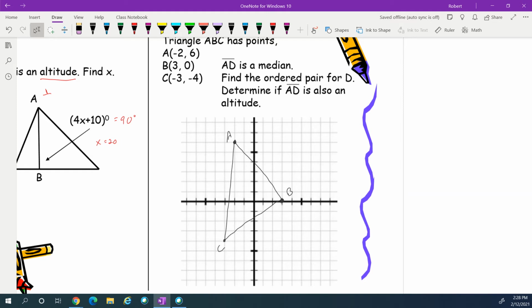In our previous lesson, we were told AD is a median. So if you remember, we found point D by doing midpoint formula. And we found D to be at 0, negative 2.